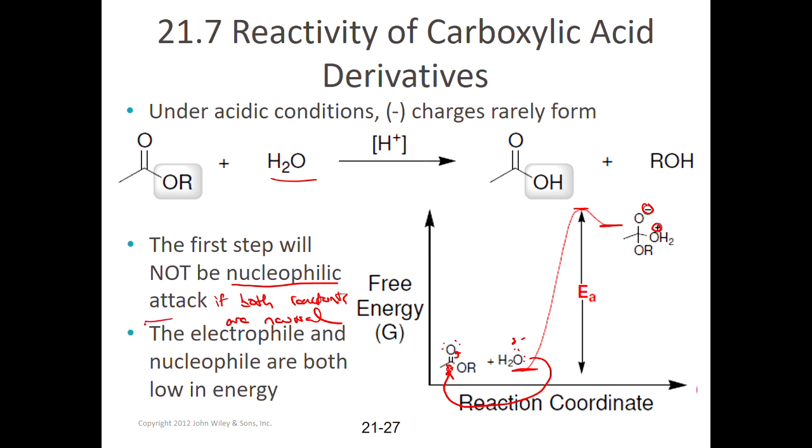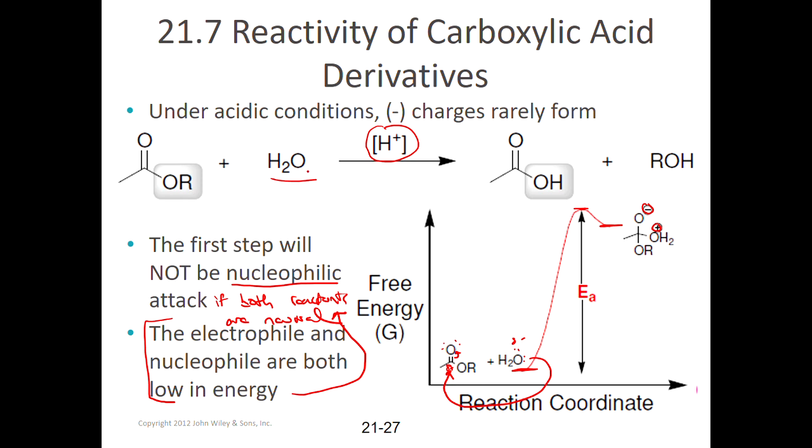So when the electrophile and the nucleophile are both low in energy, due to both being neutral, I can't really get the reaction to happen very readily. So that is why I need to either be under acidic conditions or under basic conditions. So we're going to examine both of those possibilities. So let's imagine we are under acidic conditions. So we're adding some strong acid, some sulfuric acid or something to provide some H+ that the water molecule is going to pick up.